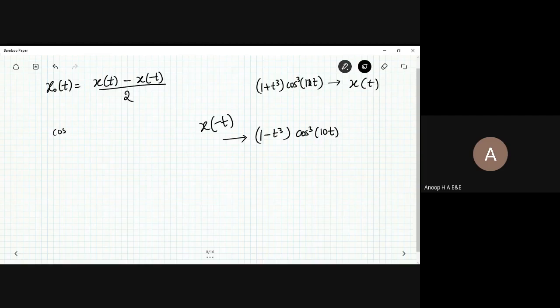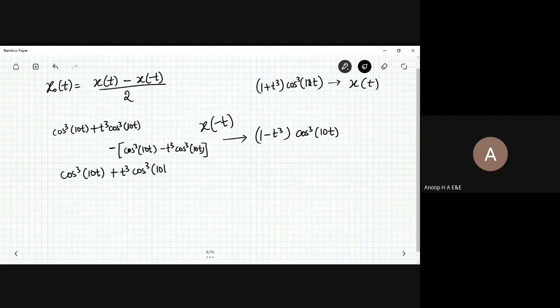So cos cube 10t plus t cube cos cube 10t, minus cos cube 10t, plus t cube cos cube 10t.